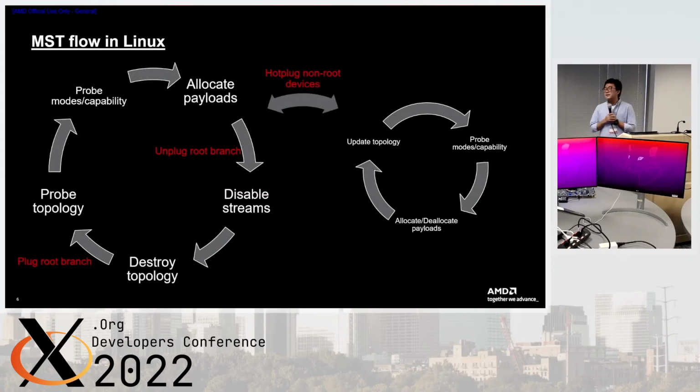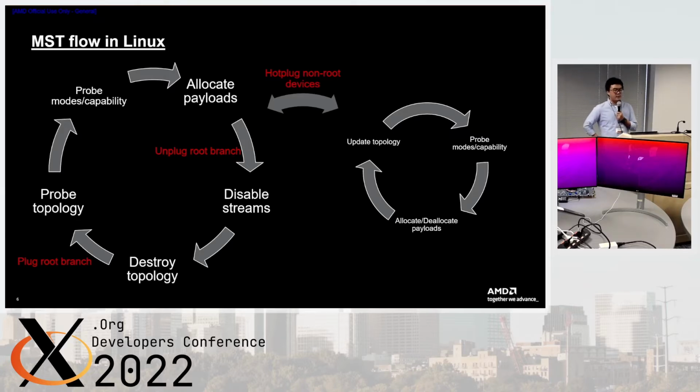This figure gives a rough glimpse of the implementation in Linux code nowadays. Look at the bottom left-hand corner: while we plug a root branch MST device into the system, at first our driver will probe the topology and find out all the possible stream sinks. Then we will create DRM connectors to the user space.